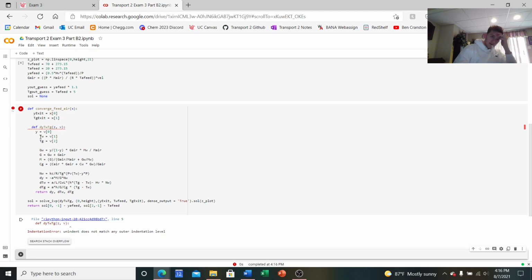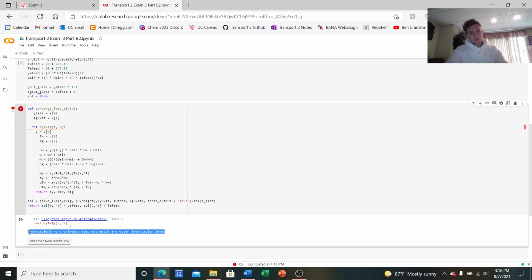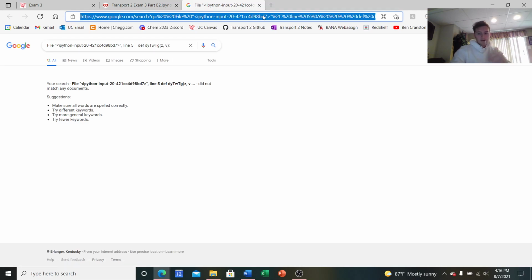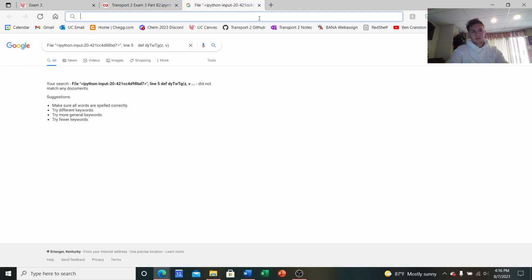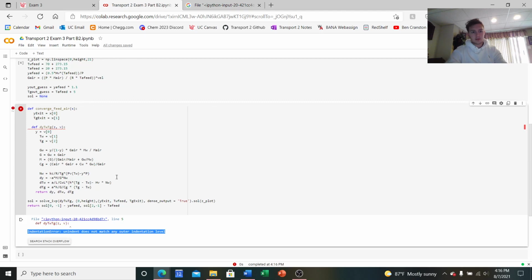Unindented does not match outer indentation. This is the error.